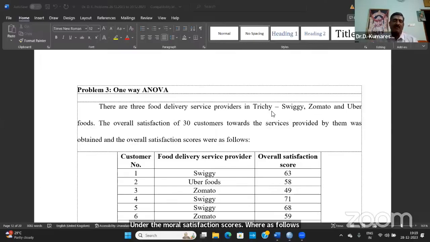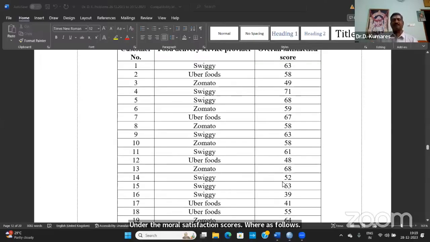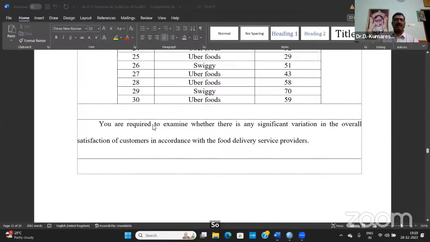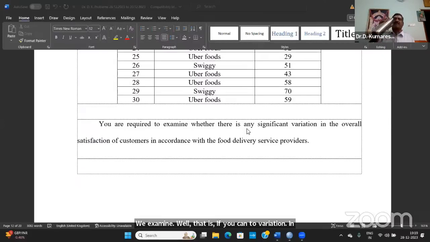So here, two data are given. You are required to examine whether there is any significant variation in the overall satisfaction of customers in accordance with the food delivery service providers.